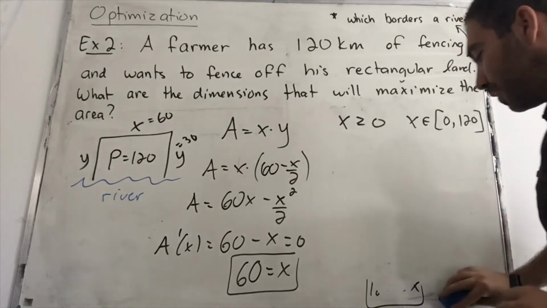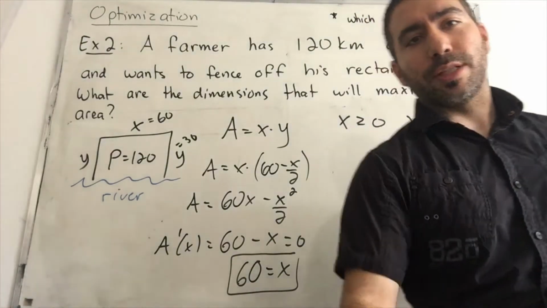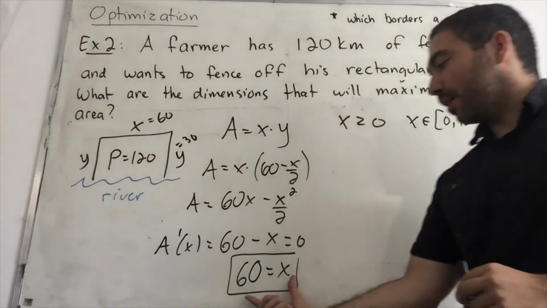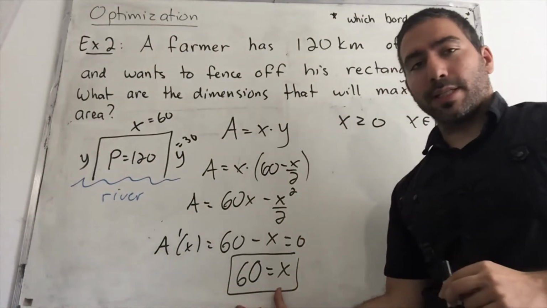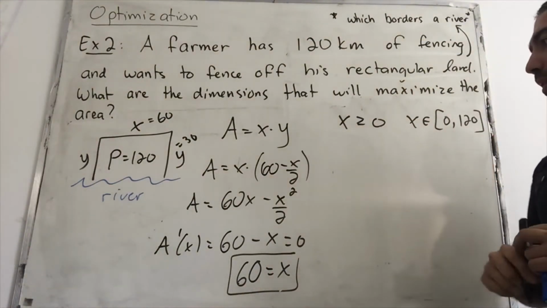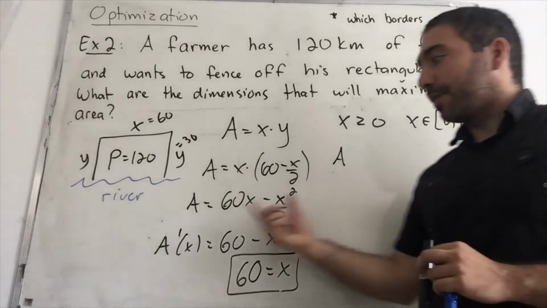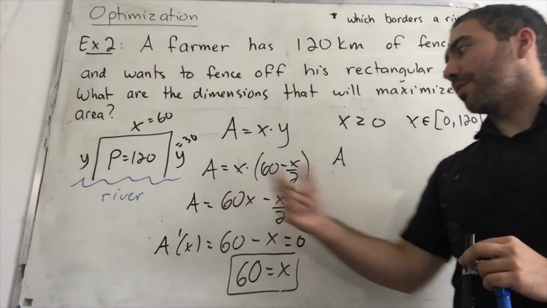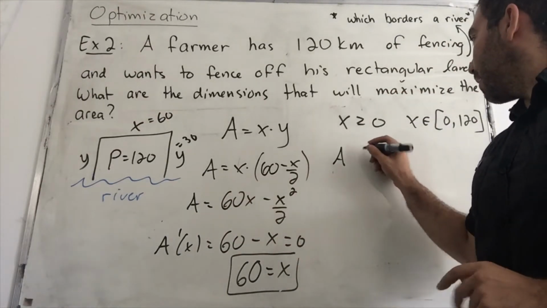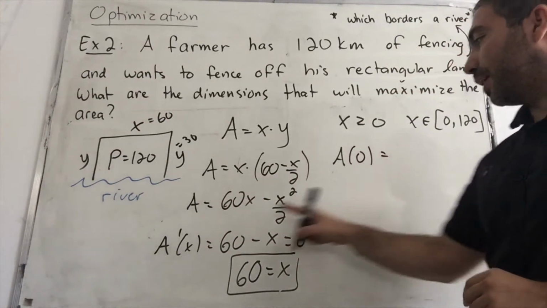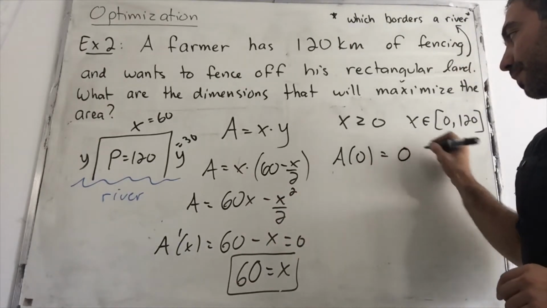So again, we have a closed interval, so we can use the closed interval method. We have to check the critical point at 60, and we have to check the endpoints at 0 and 120. Because we're using the extreme value theorem, we're plugging it back into the original area formula. So A of 0 gives us just 0.